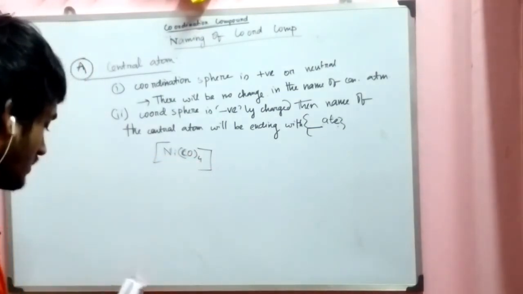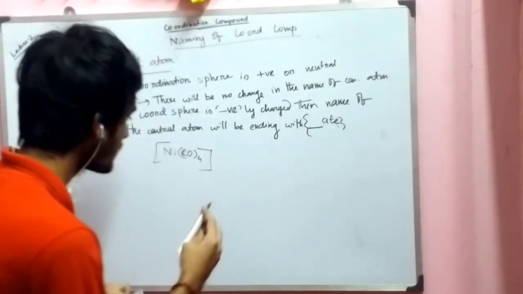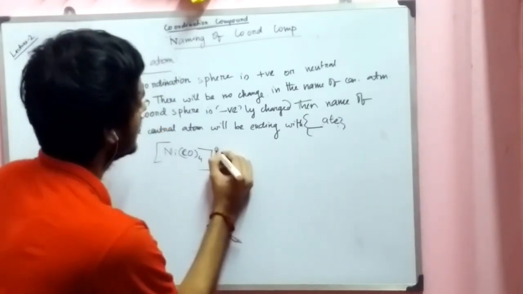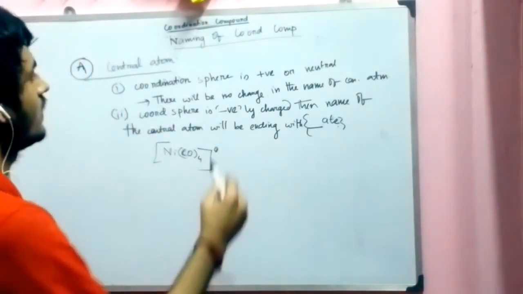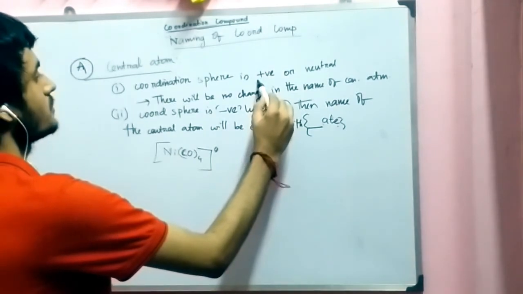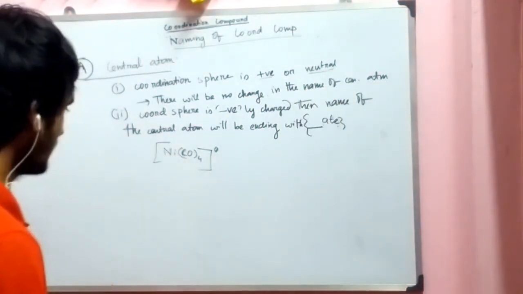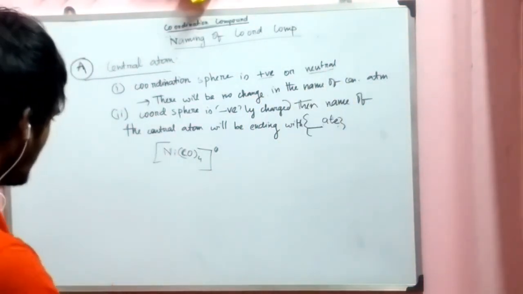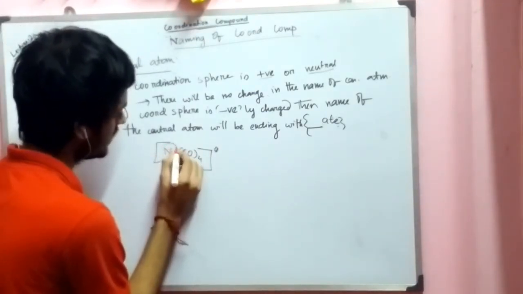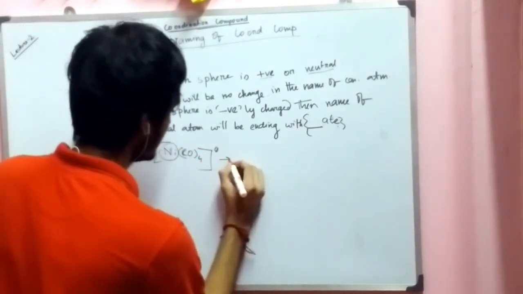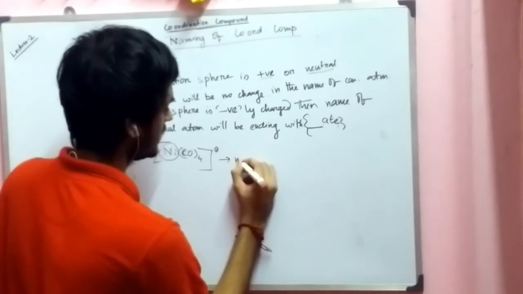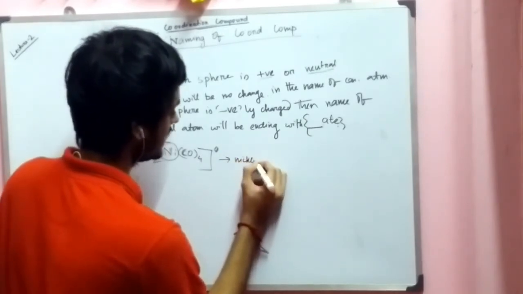The charge outside the sphere is 0, and if the charge is positive or neutral, there will be no change in the name of the metal. So it will be named as nickel.